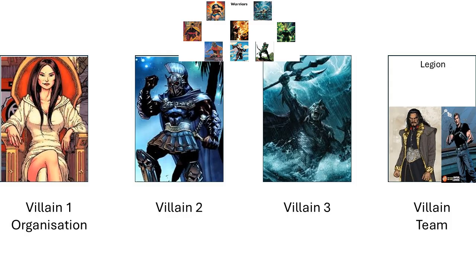And for the villain team, I have not actually put who the members would be, because the members could be all over the place, to be honest, but for the leaders for a team like this, you can kind of understand the dynamics when you look at these two different characters.